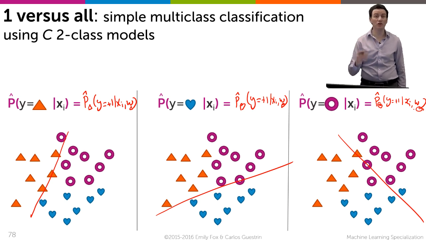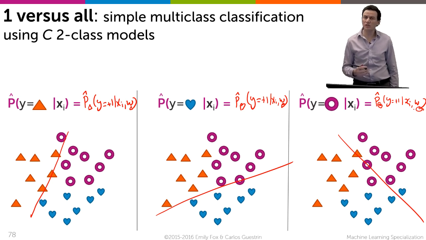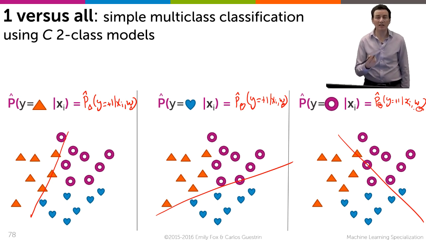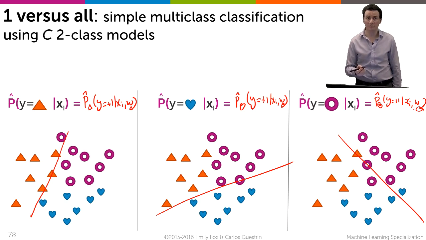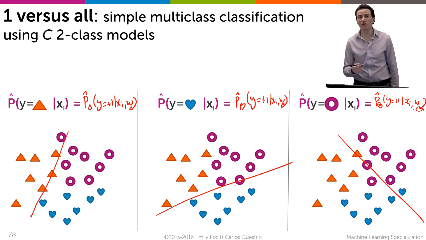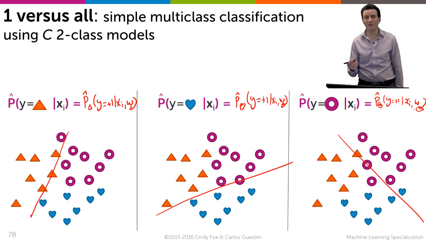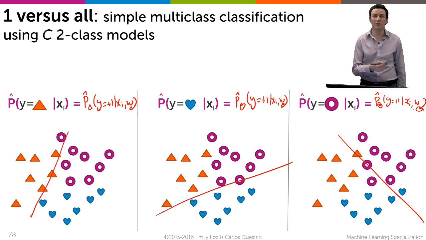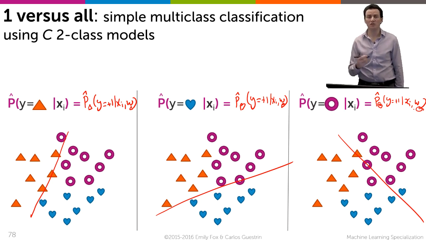So we train these one versus all models, and what we output as a prediction, we just say whatever class has the highest probability wins. So in other words, if the probability that the input is a heart against everything else is higher than the input is a triangle, higher than the input is a donut, you say that the class is heart.